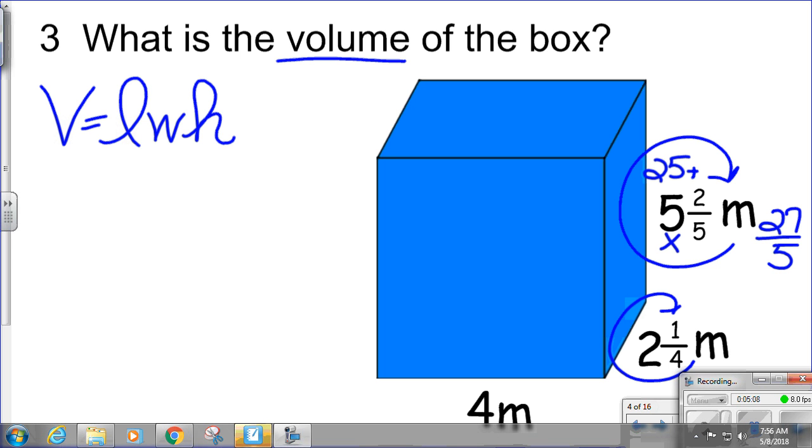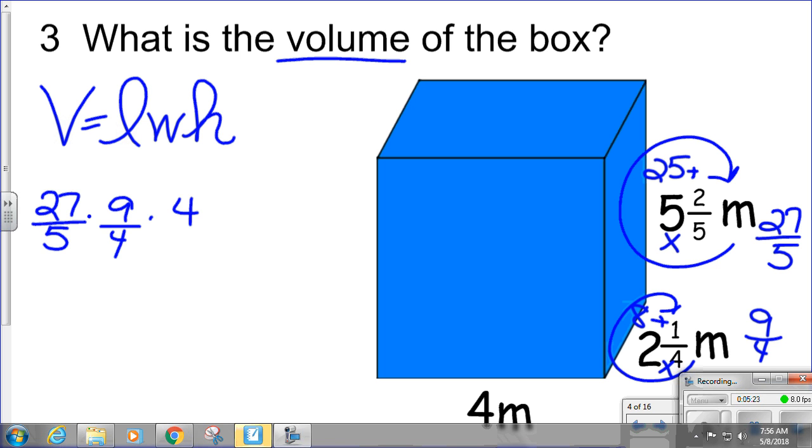The next one, 4 times 2 is 8, plus 1 is 9 over 4. So the numbers that I am multiplying are 27 over 5 times 9 over 4 times 4 over 1. All whole numbers will get a 1 as the denominator.